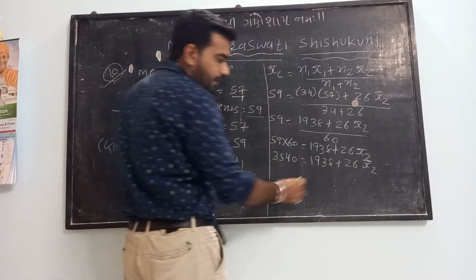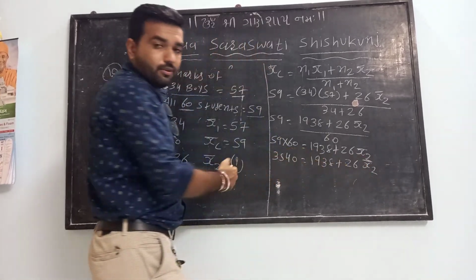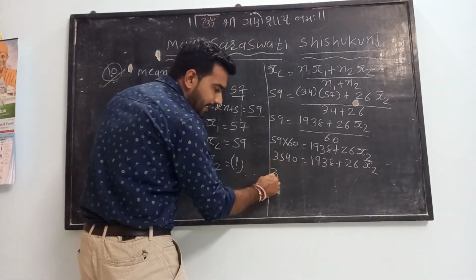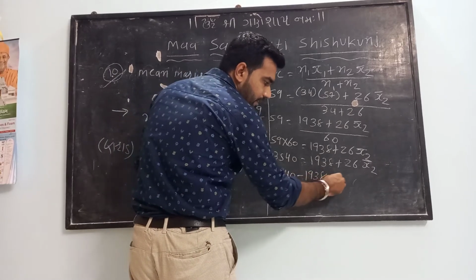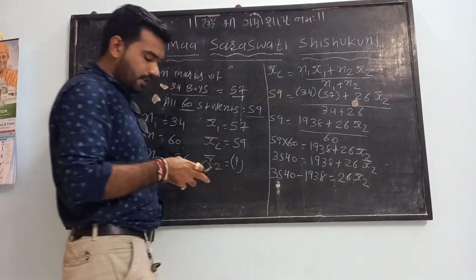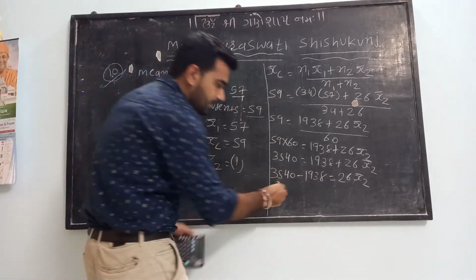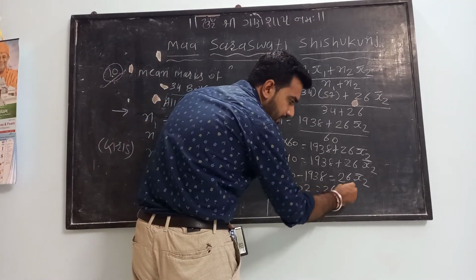The remaining term, 1938, goes to the other side as minus: 3540 minus 1938 is equal to 26 x bar 2. So the answer is 1602 is equal to 26 x bar 2.